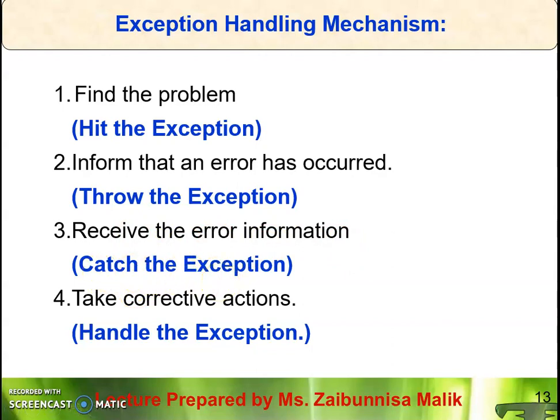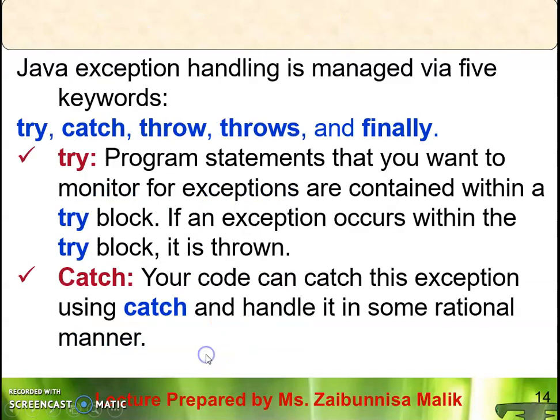So, it will catch the exception, and inside that catch block, it will take the corrective actions, which is known as handle the exception. So, in Java's language, we can say: hit the exception, then throw the exception, catch the exception and handle the exception.